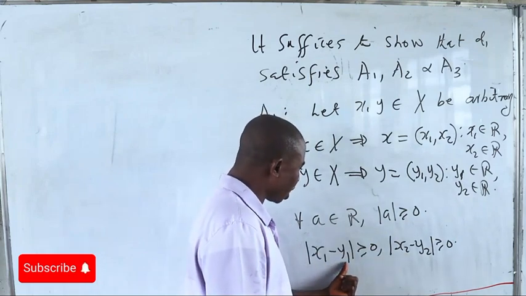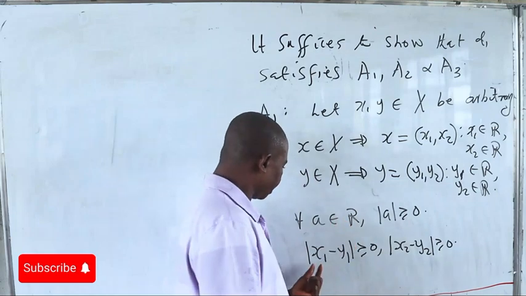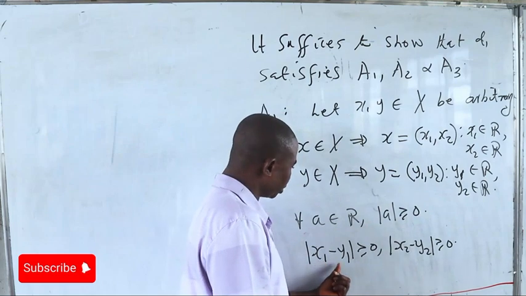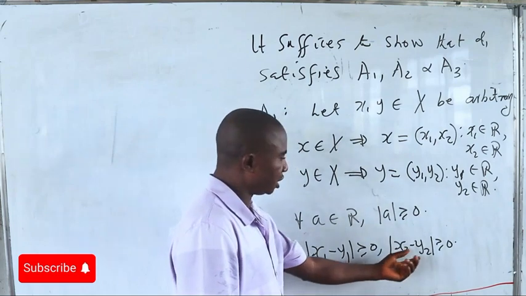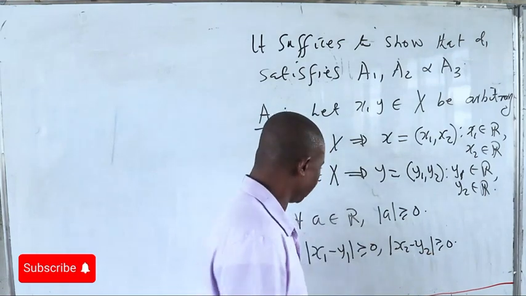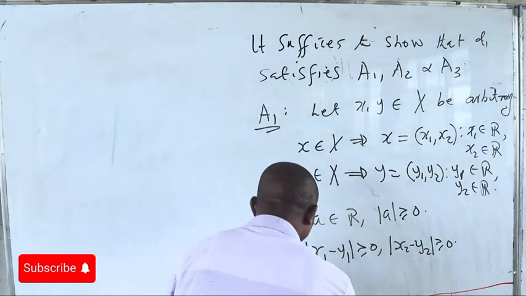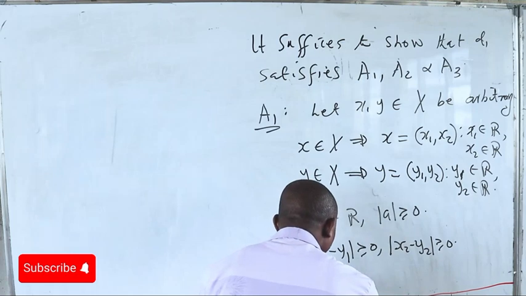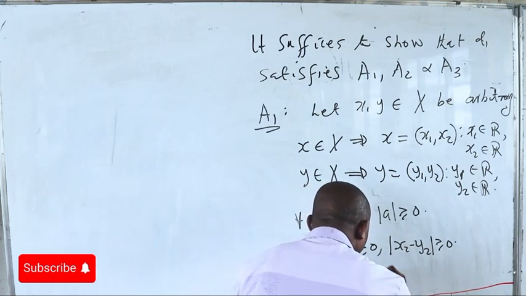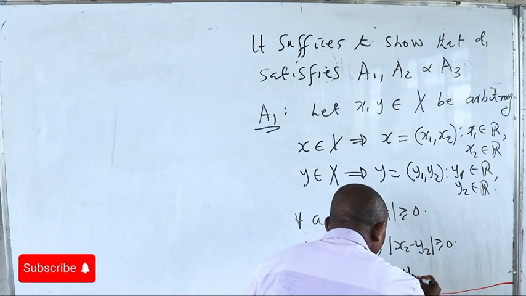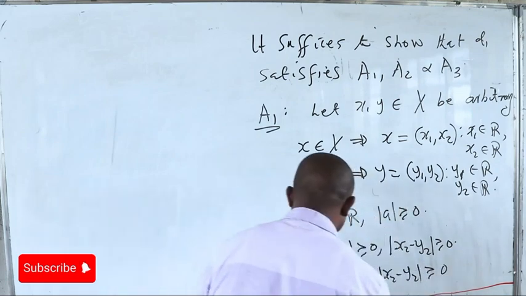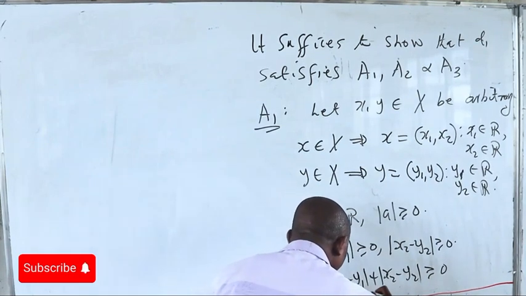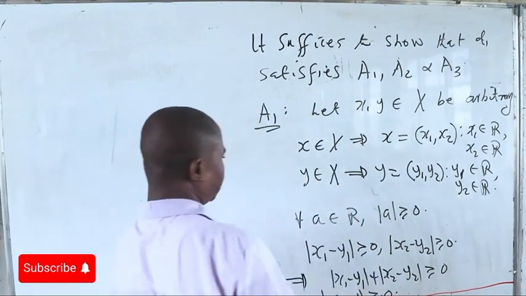Therefore, x1 minus y1 is one real number, so we can apply this. If we combine this together, we have that the sum of absolute value of x1 minus y1 and absolute value of x2 minus y2 is non-negative. And that says that D1 of x comma y is non-negative.